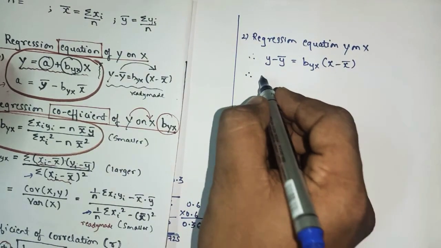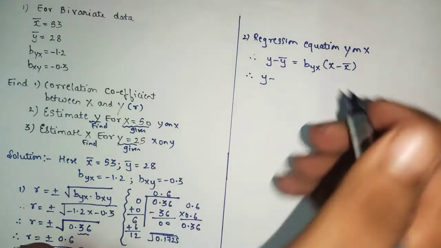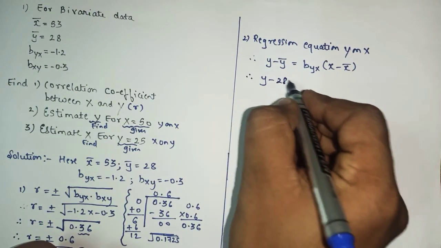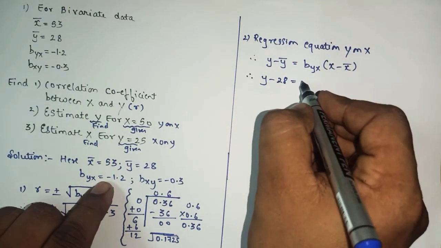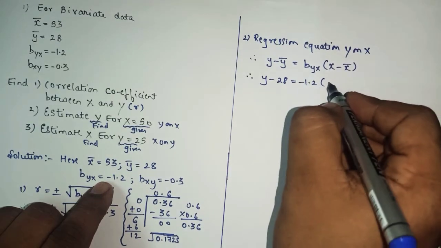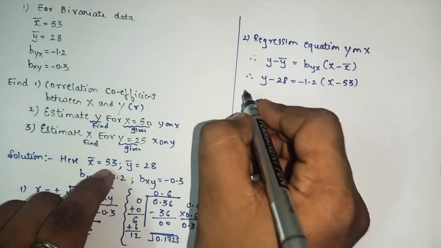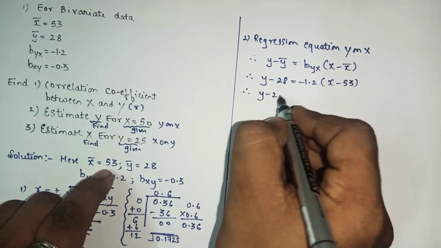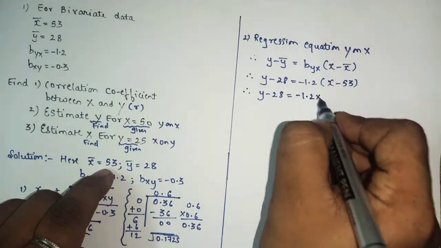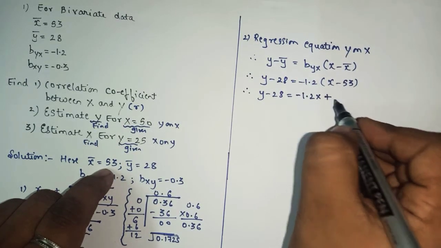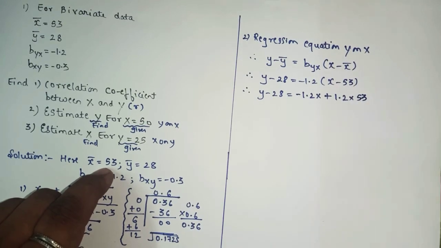Therefore y minus y mean, y mean is 28, byx is minus 1.2, x mean is 53. So the next step: y minus 28 equals, bracket open, 1.2 x, minus minus will be plus, and this will be 1.2 into 53.